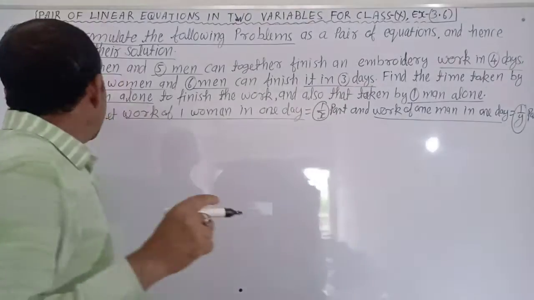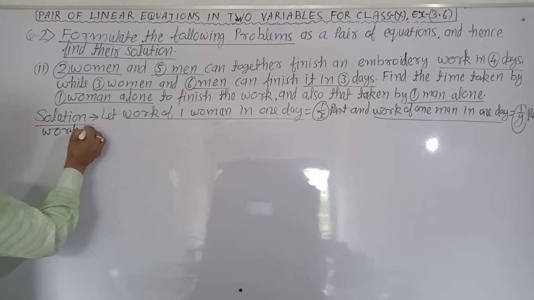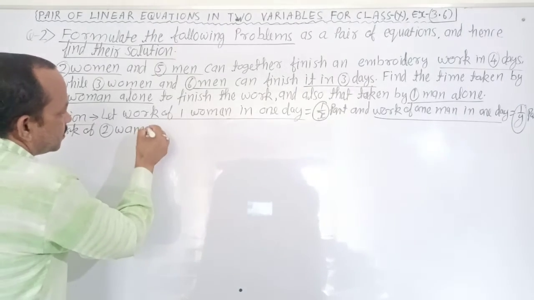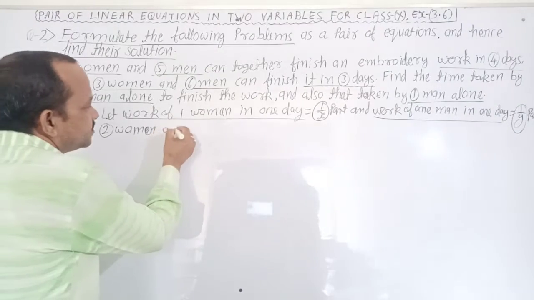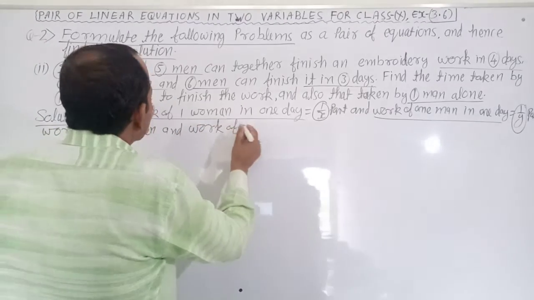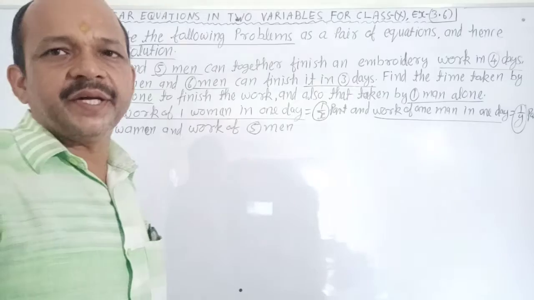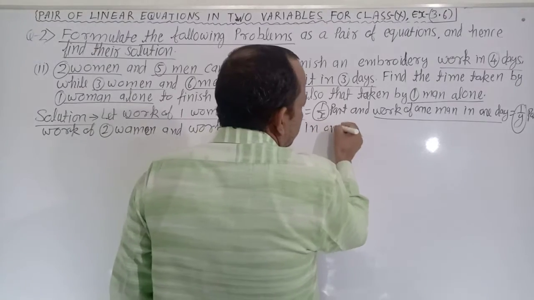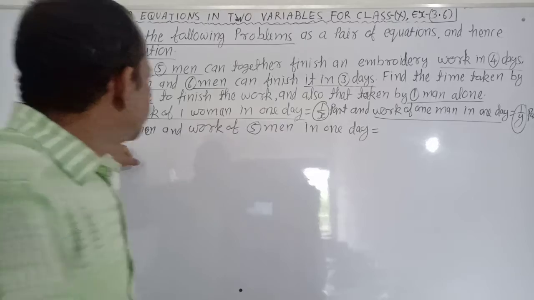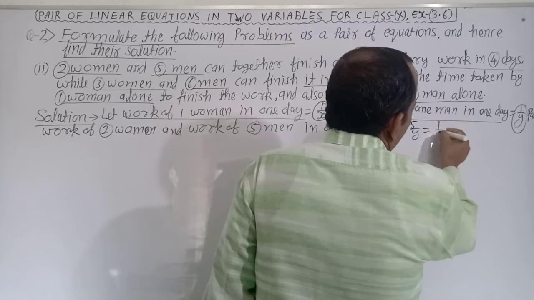Clear? Work of two women and work of five men in one day equal to 2 by x plus 5 by y equal to 1 by 4.